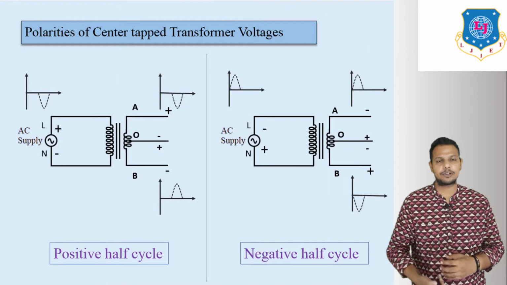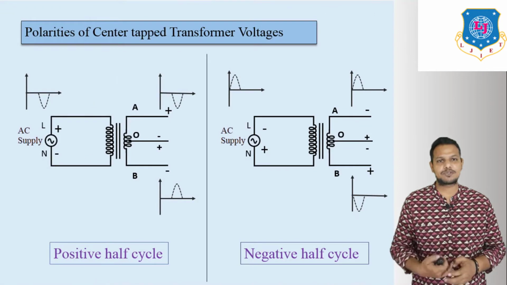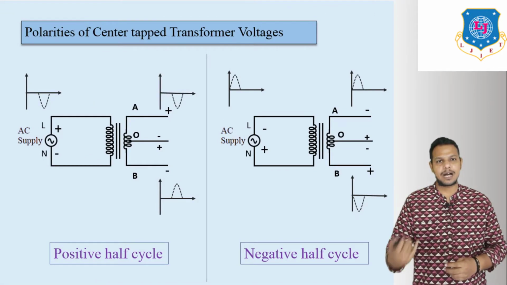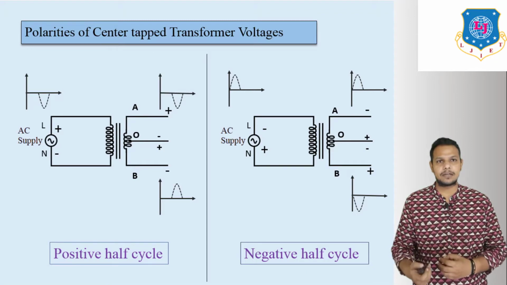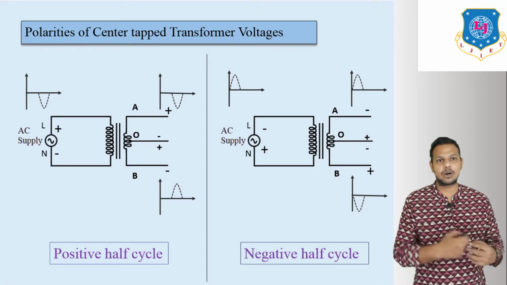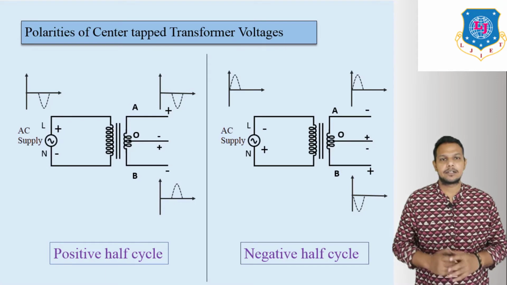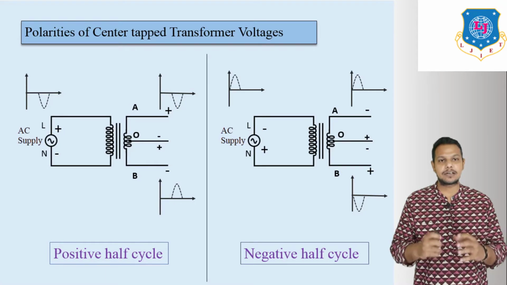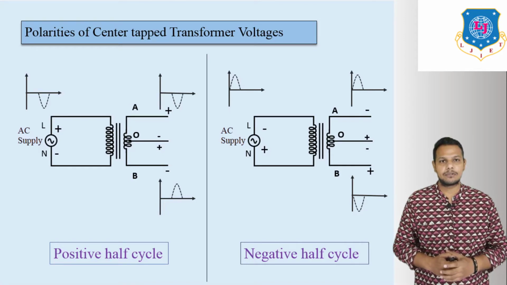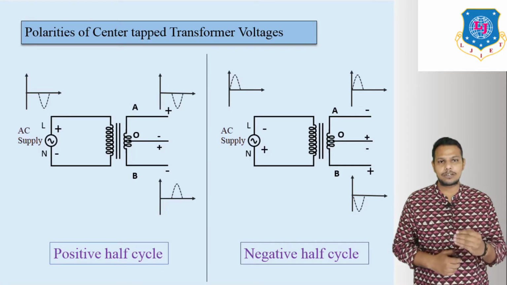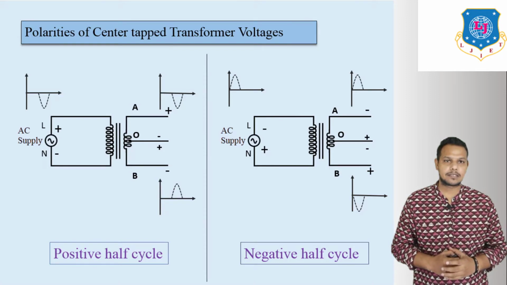Before we analyze the center tapped transformer, let us refresh our understanding of the secondary polarities of center tapped transformer voltages. Here this is the center tapped transformer. In it, we will get two different output voltages.